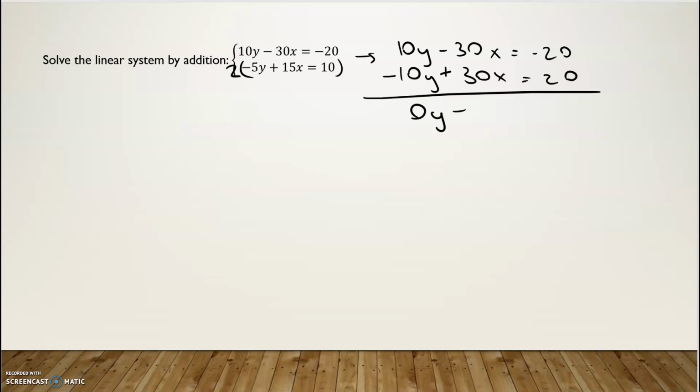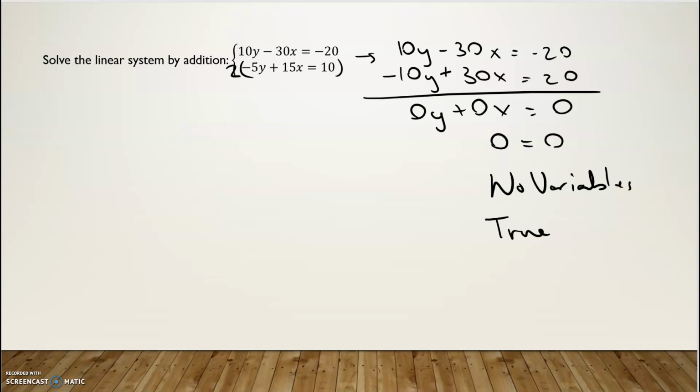Okay, the y's go away, the x values go away, and this goes away. So I have 0 is equal to 0. Notice I have no variables, and I have a true statement because 0 does equal 0. So that means that I have infinitely many solutions.